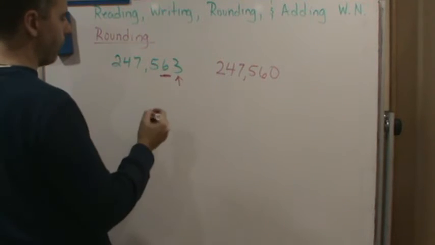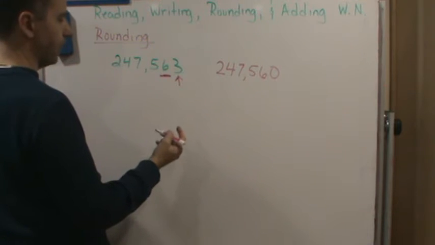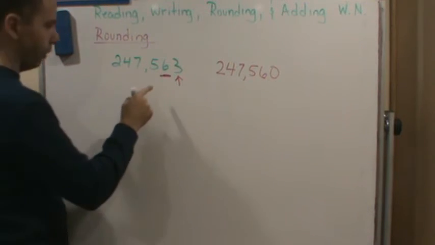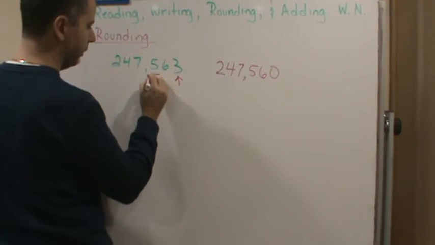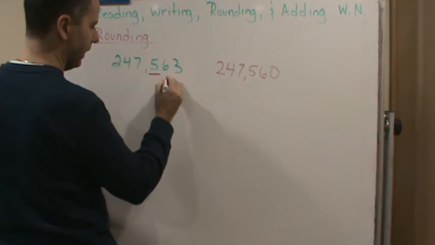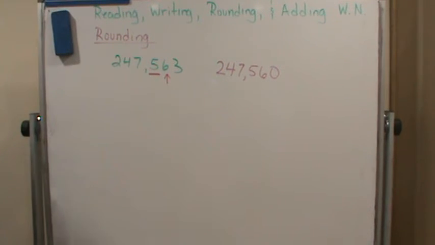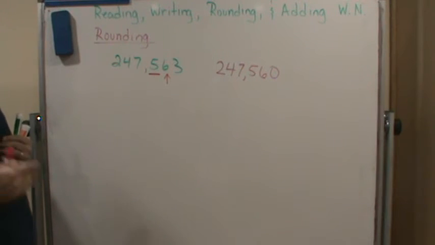Okay. Now, what if I rounded to the nearest 100? Well, now my focus is going to be on the 6. If I want to round to the nearest 100, I look at 6, and 6 is 5 or higher.